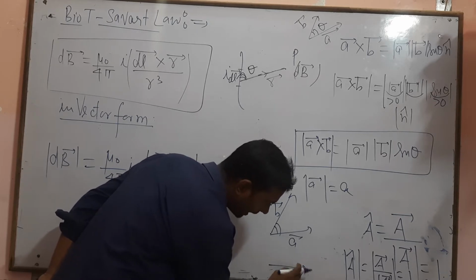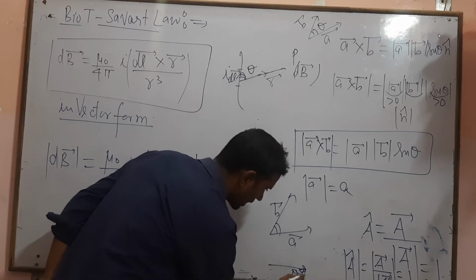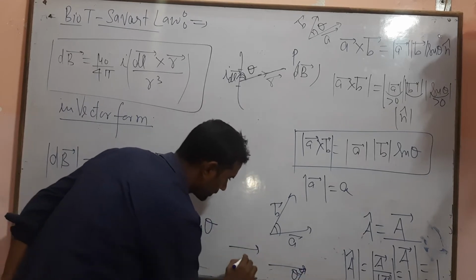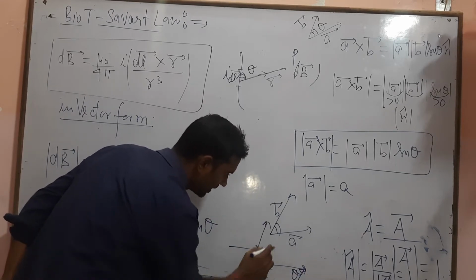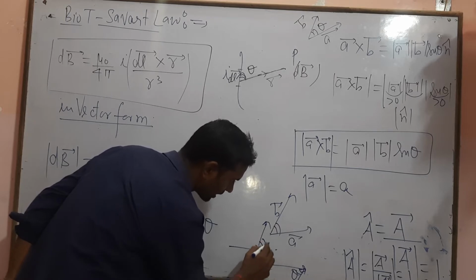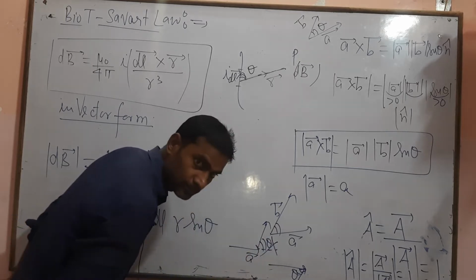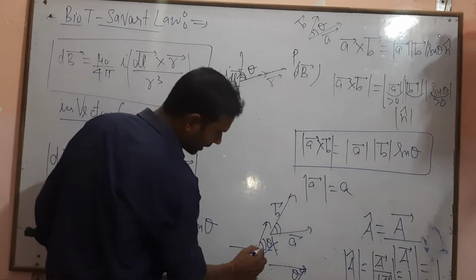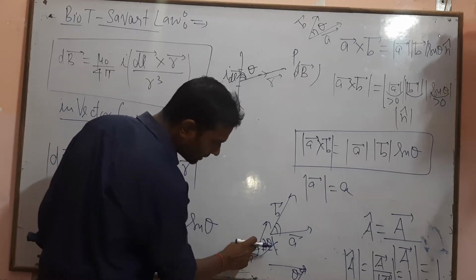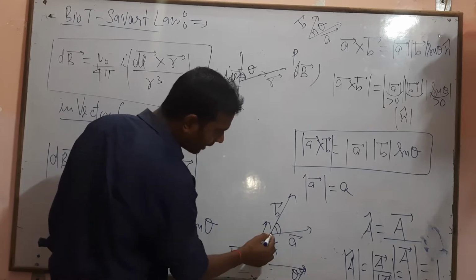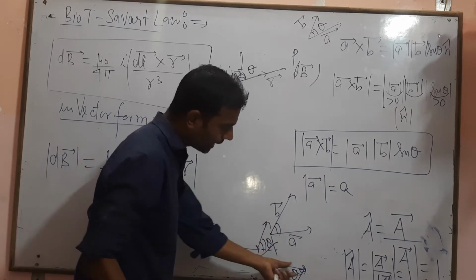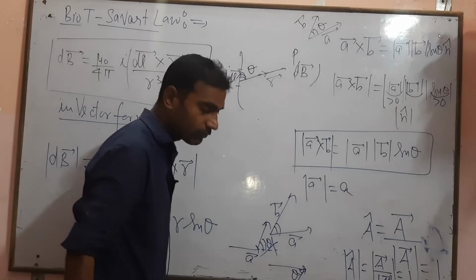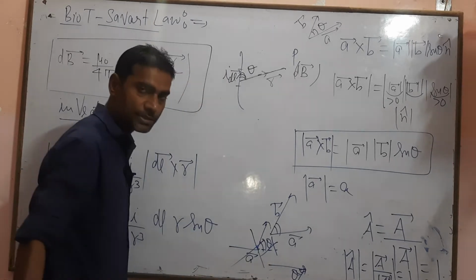The angle between tail and tail, or head and head, is the angle theta; this is correct. If this is the A vector and this is the B vector, this cannot be the angle theta, because it is between a head and a tail. So taking the angle between tail to tail and head to head is the correct information, and this other one is not correct.